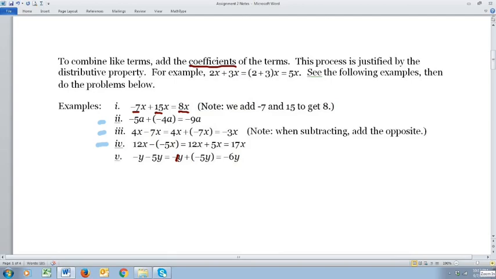Again, notice we went from -5y to plus a -5y. Now you don't really have to change forms. In either case, you're adding -1 and -5. So if you want to add the opposite, you can, or you can just start from the very beginning and add the -1 and the -5. So here we do get -6y.